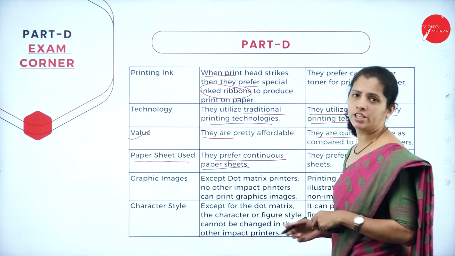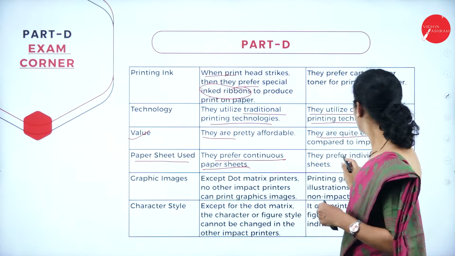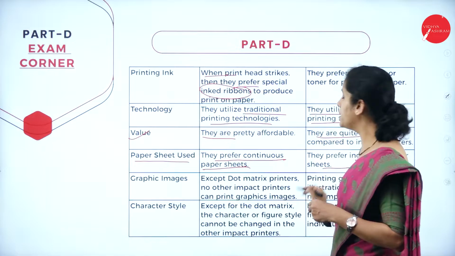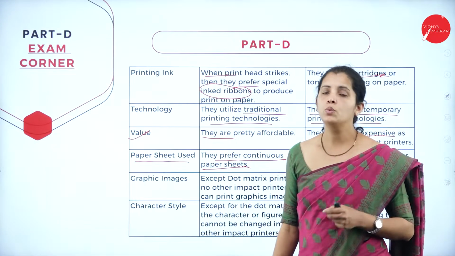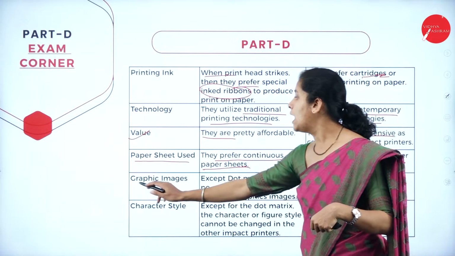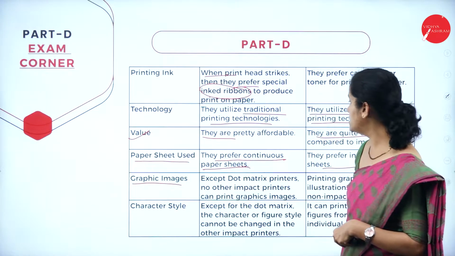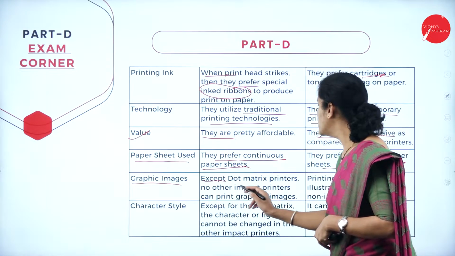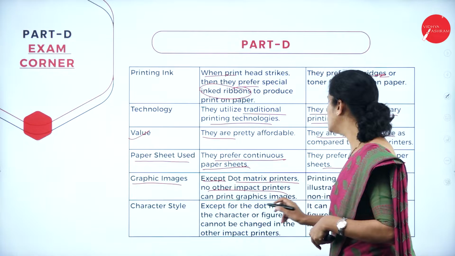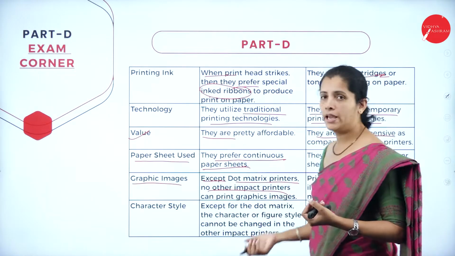Now, the type of paper used. Under impact, we are going to use continuous paper sheet, but in non-impact, individual paper sheet. And if I consider the graphic image parameter, except dot matrix printers, no other impact printers can print graphic images.